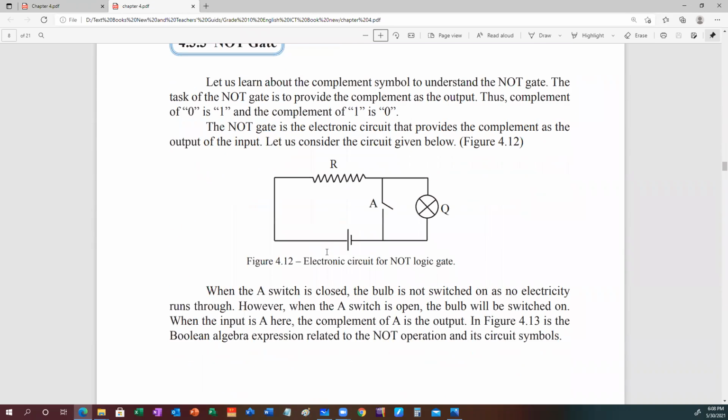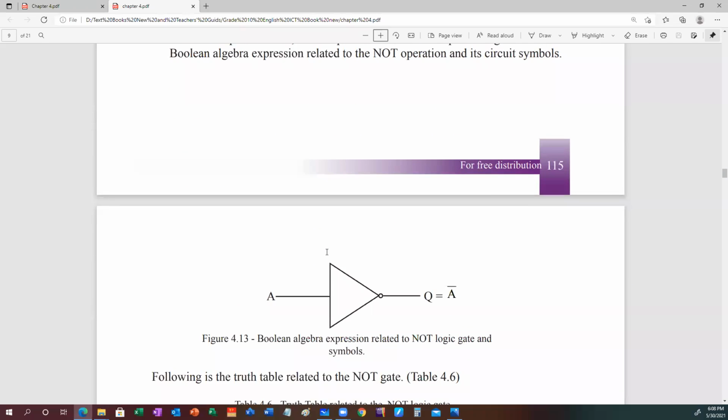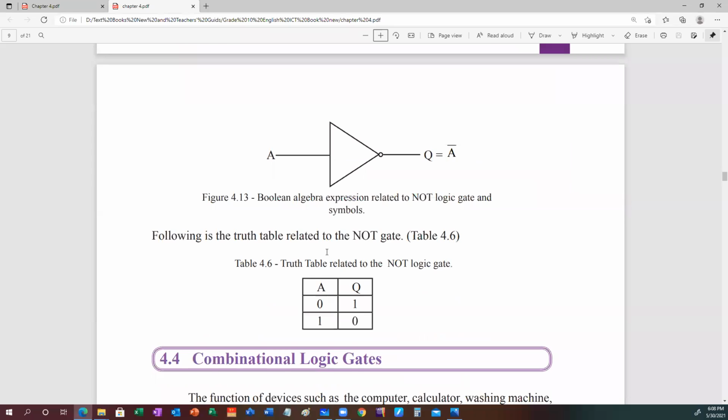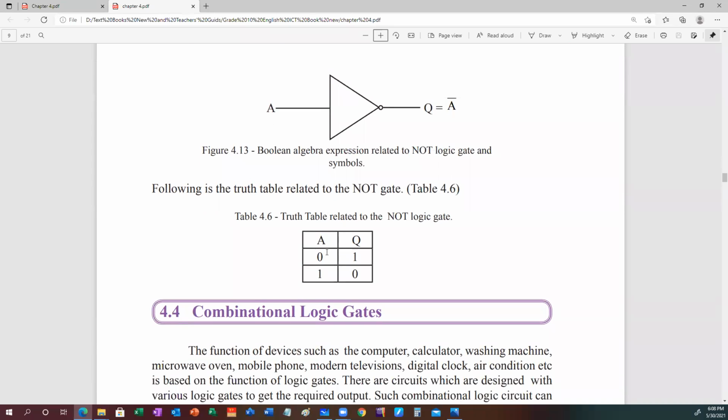Then we came to the NOT gate. This is the switching circuit of the NOT gate, and I showed you the relay circuit. That is the end of the lesson, and we have to move to combinational logic gates, the second step.